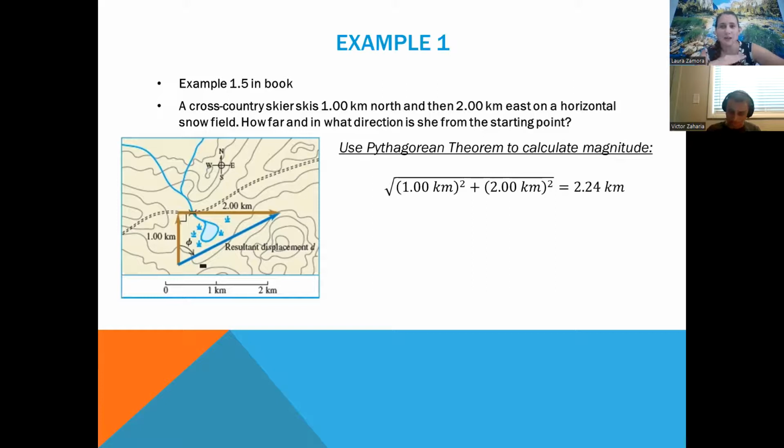So again, there's no crazy angle to consider there. So we have our x component which is 2 squared, plus our y component, which is 1 squared. And then we take the square root of that. That gives us a magnitude of 2.24 kilometers. So that's how far away she is from her starting point.